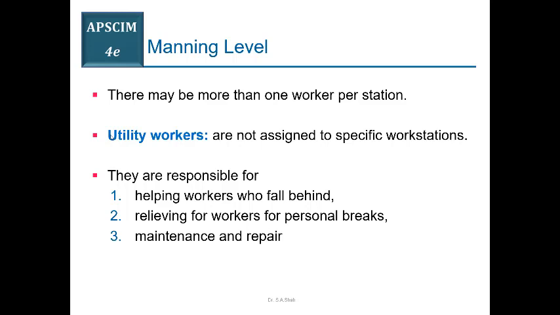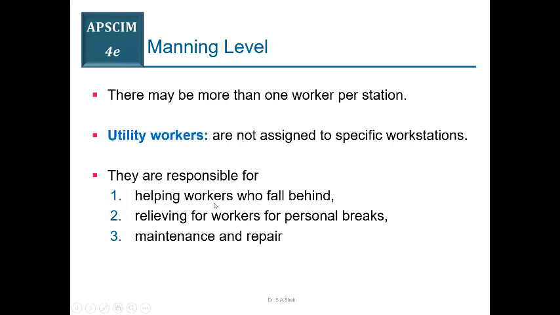1.5 physically अगर आप देखें तो it is not possible to have 1.5 worker या 1.7 worker per station. So they are basically utility workers. So utility workers are those workers which are not directly assigned to specific workstations. They are responsible for these 3 tasks जो कि mention है.